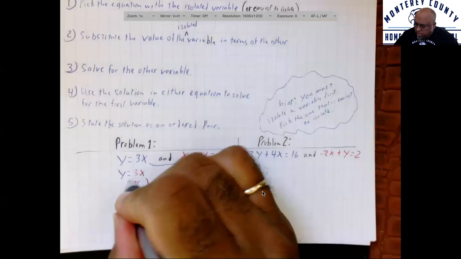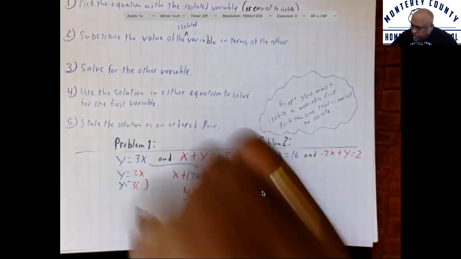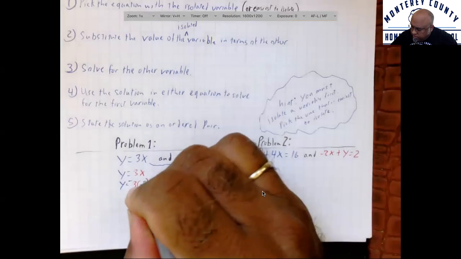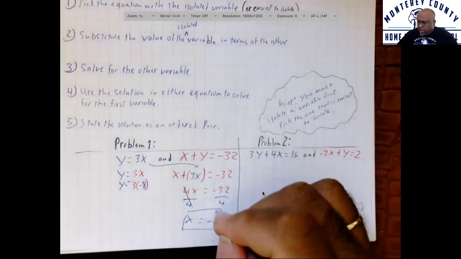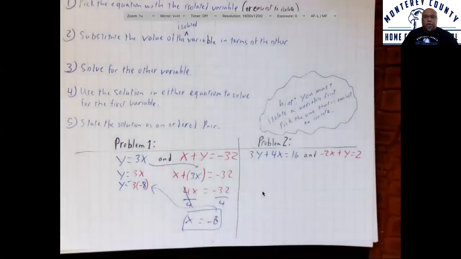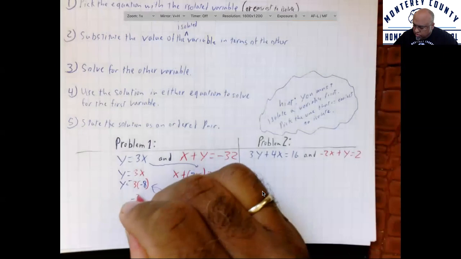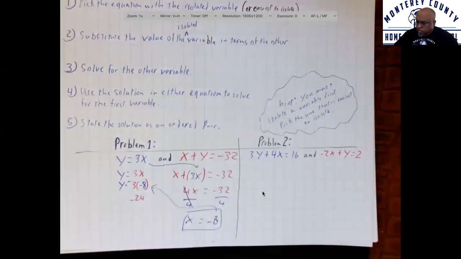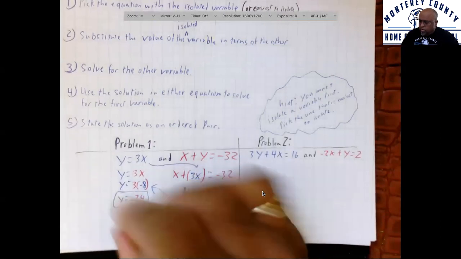I am going to substitute the value of x for x. See why I color-coded that? The value of x, I'm now substituting it again. So I have to do this twice, is what I'm trying to tell you. So 3 times negative 8 is negative 24. So y equals negative 24.